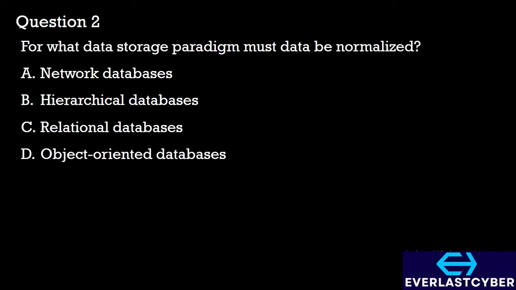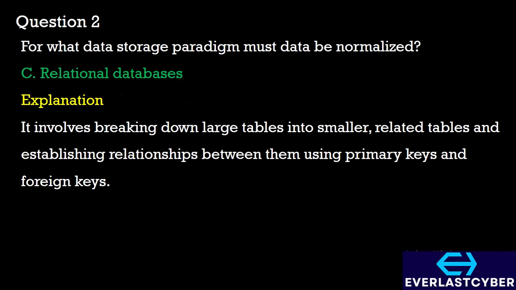In option D, object-oriented databases store data as objects, and this eliminates the need for normalization. So, normalization is essential for option C, relational databases, and this is to maintain data integrity, eliminate redundancy, and ensure consistency. So our answer is option C.